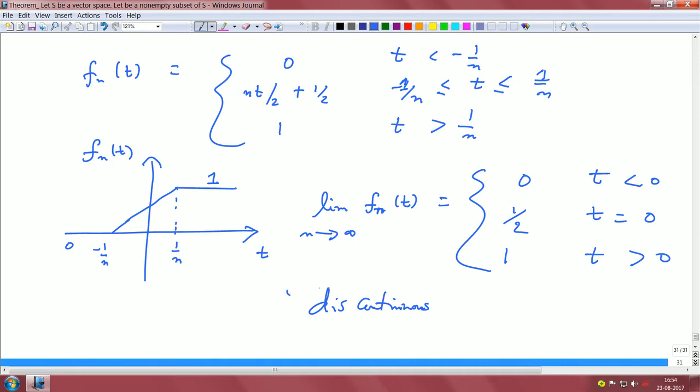And since it is a discontinuous function, this does not belong to the space of all continuous functions. So, this is a good example for the case where the completeness property is not satisfied.